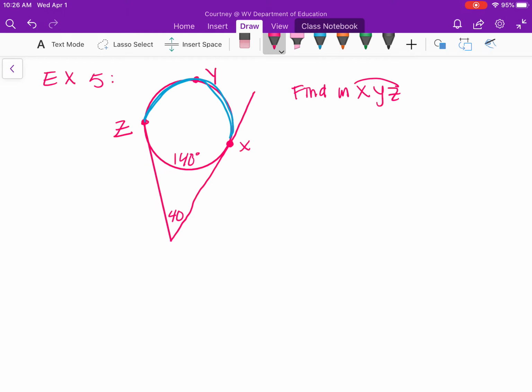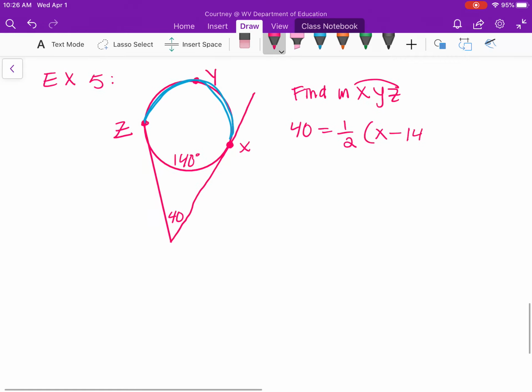You can use the formula if you want. Okay, I'll show you the formula way first, and then I'll show you the easier way. The formula would be 40 equals half of big arc X, we'll just say, minus little arc 140.